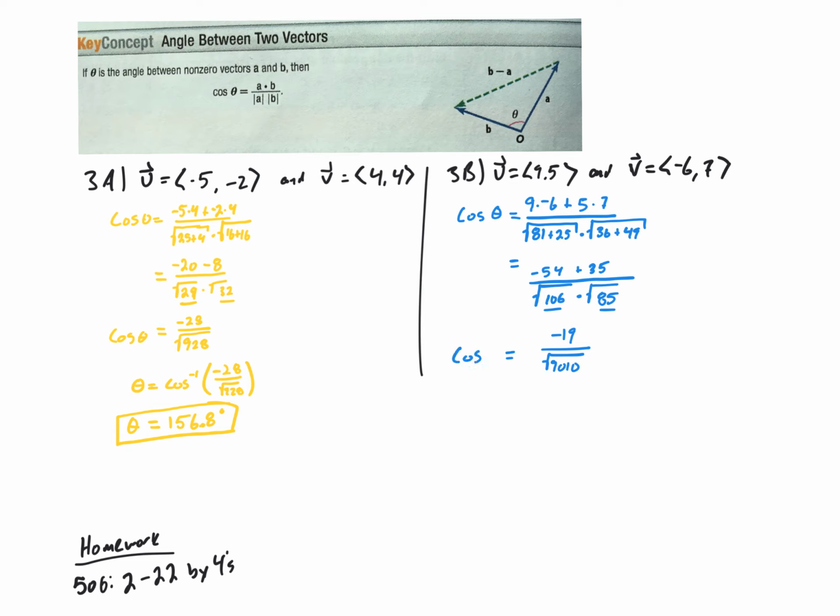This is what cosine of theta is equal to. So to find theta, I'm going to say cosine inverse of that thing. And you get 101.5 degrees.